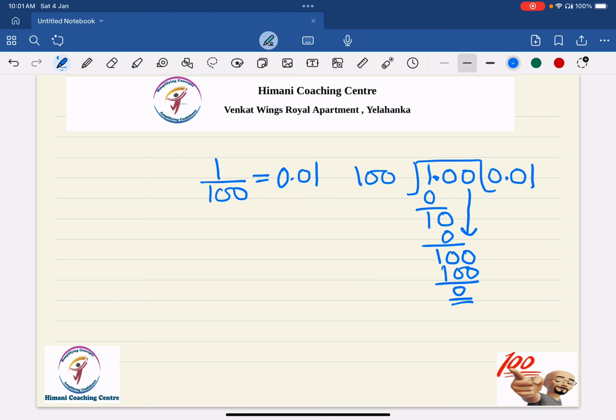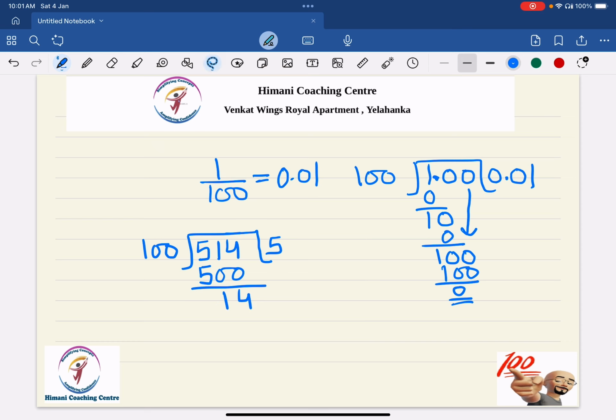Okay, students. Now let us try solving 514 divided by 100. We want to write it as a decimal. See, 100 times 5 is 500. So we can just do this, and we will get 4 and 1.